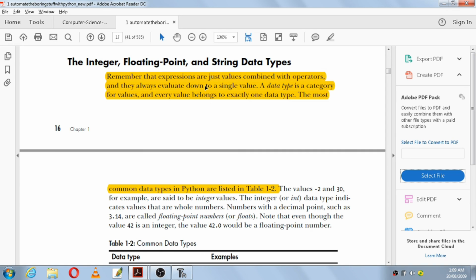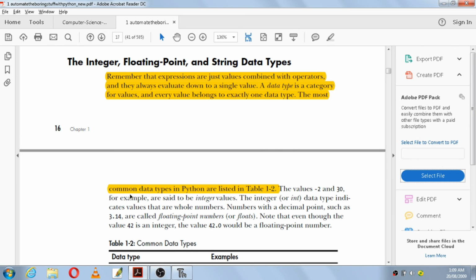That means expressions usually are made up of values such as 2, 3, 4 and operators such as plus, minus, asterisk, division, and when you evaluate them they will come down to a single value. But the values you are using belong to some category, and that category is known as a data type.